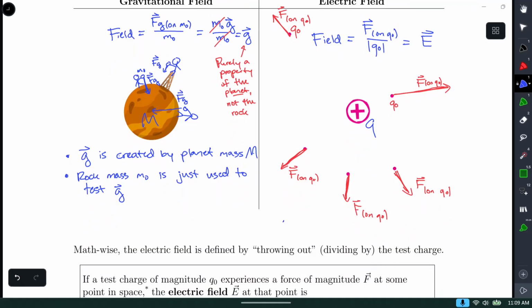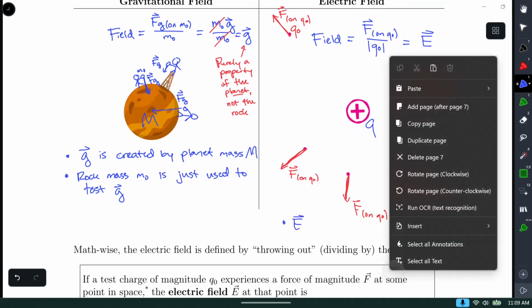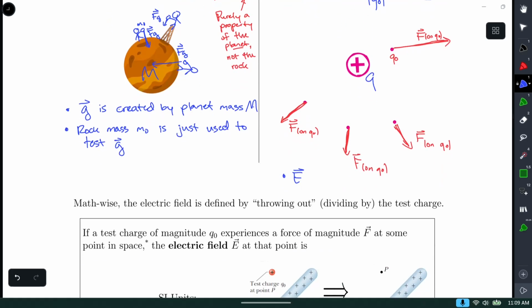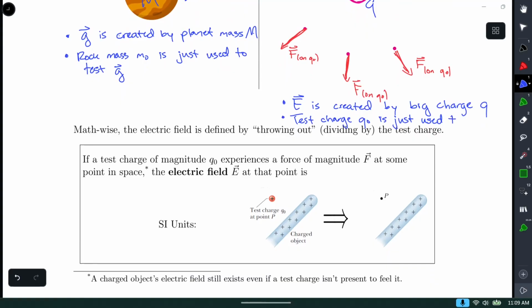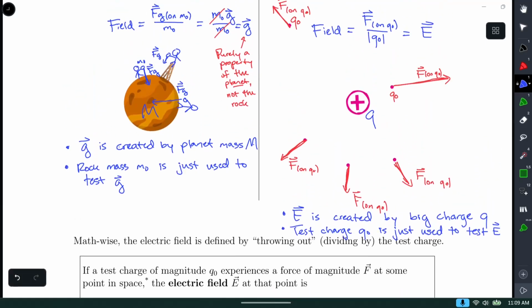Similar takeaway: E is something that is only created by that big charge in the middle. The test charge is just used to test that field. It's the rock you hold out and drop and see what happens.